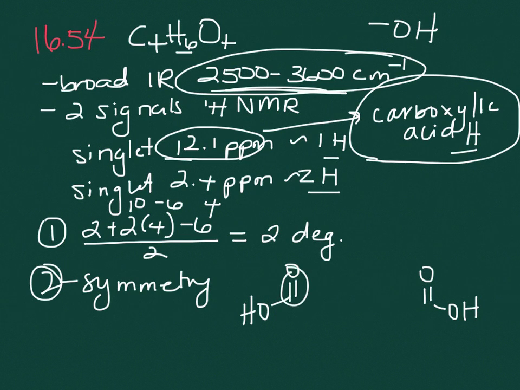Now, this already takes care of my 2 degrees of unsaturation, because now I have 2 double bonds. And so we have to figure out what the rest of the connectivity is. It also takes care of 2 carbons, so I have 2 carbons left. 1, 2.